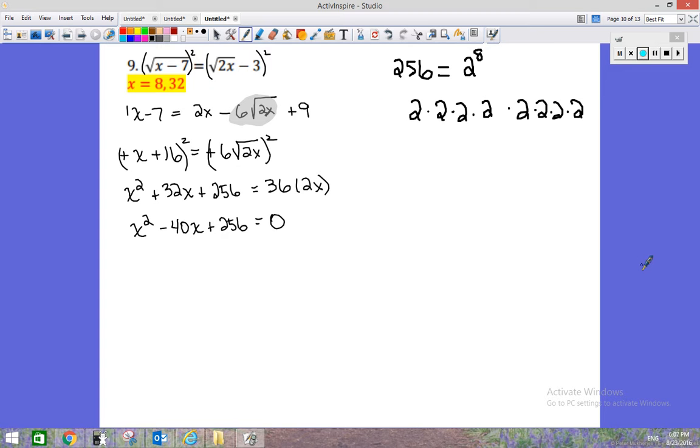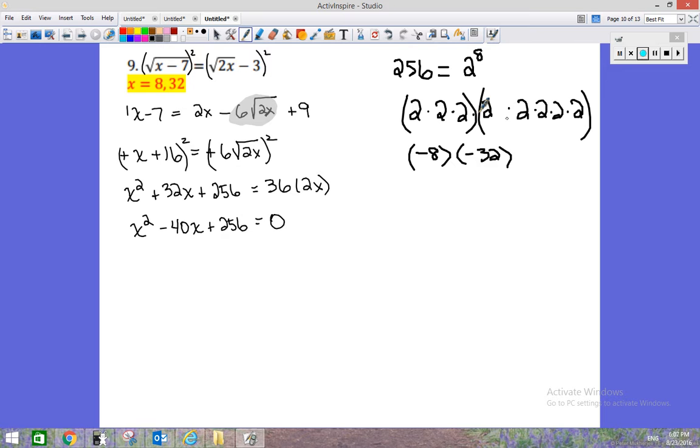and I need to group them together in such a way that each factor is going to be negative, because a negative times a negative is positive, so that when I add them together I get this negative 40. So I think if I group this guy like this and call this guy negative 8, these 5 factors here is negative 32.